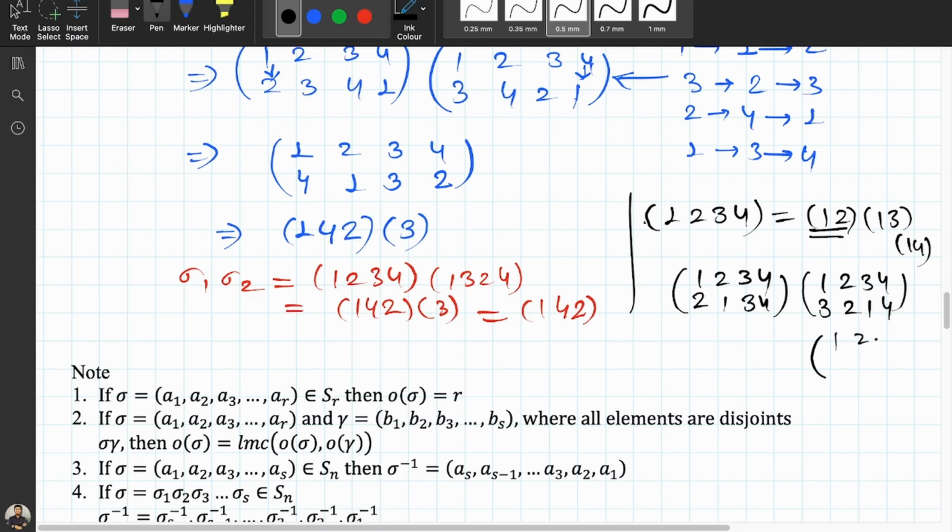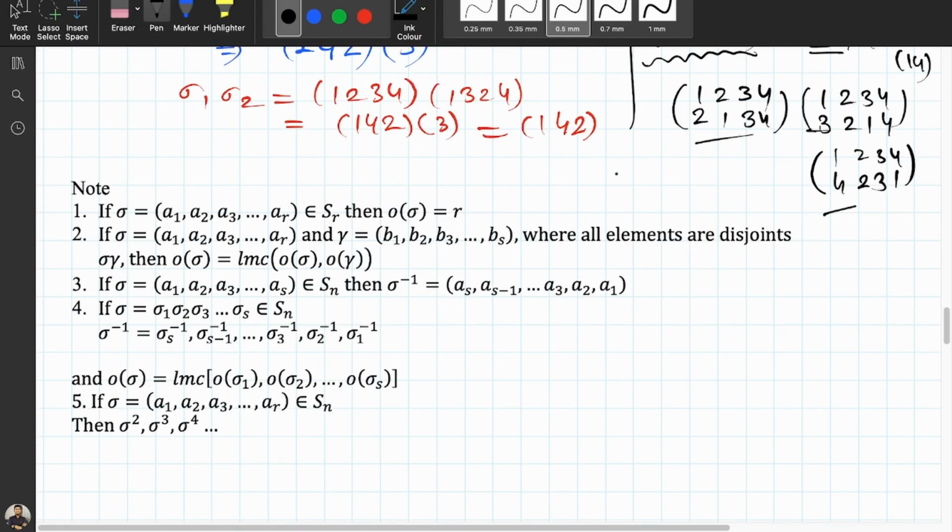Next, 4 goes to 1, 1 goes to 4, 2 goes to 2 and 3 goes to 3. Now if you multiply, you will get this also. This is very simple. So these are very simple observations.